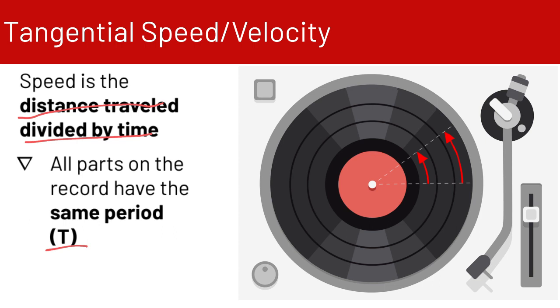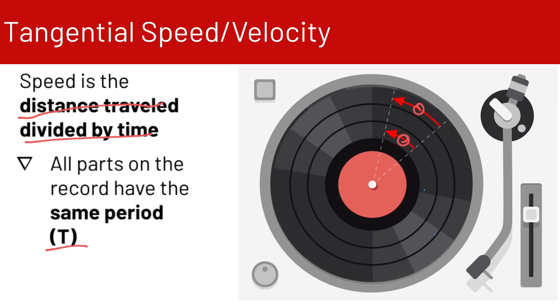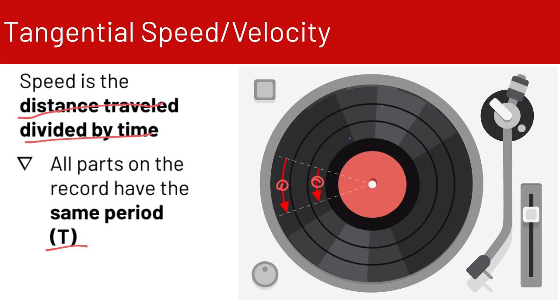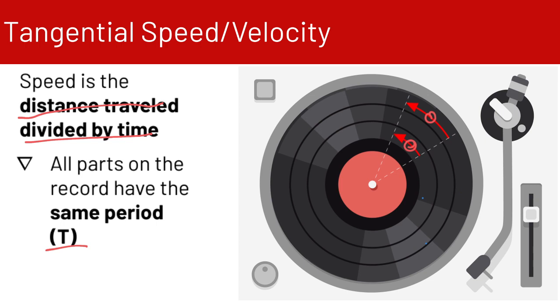So this point on the record travels around the record in the same time. So it takes the same amount of time for this part to go around as this part.